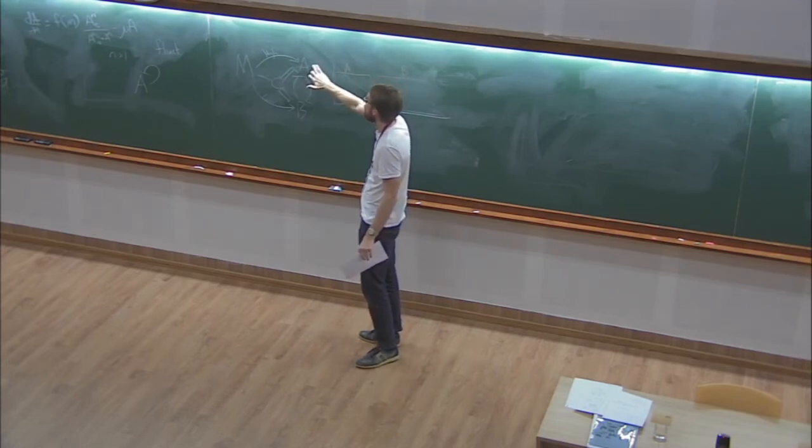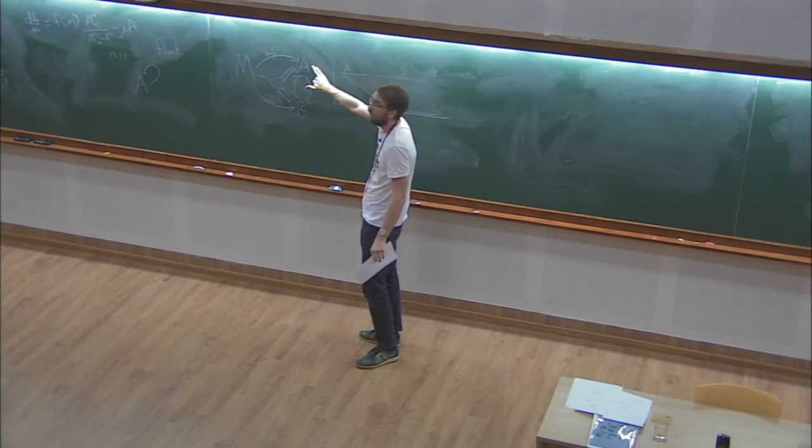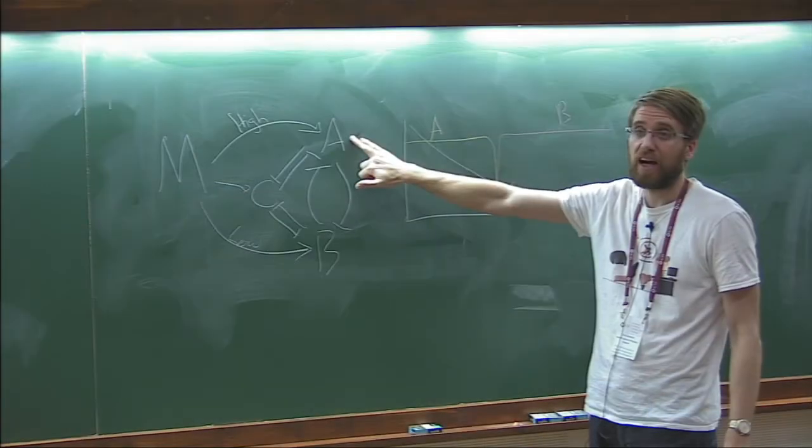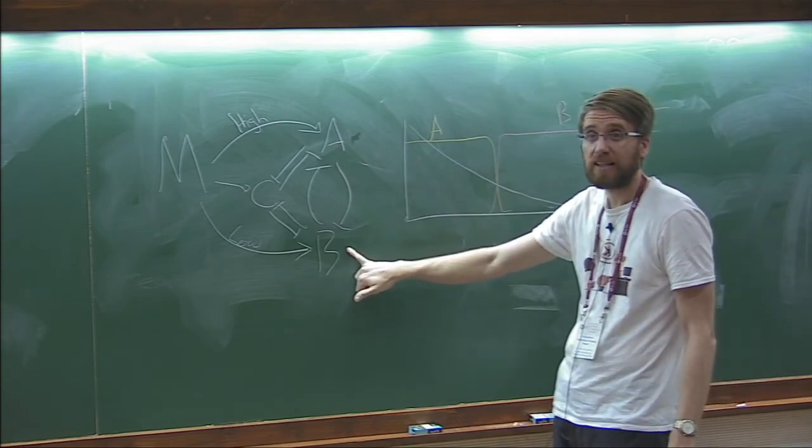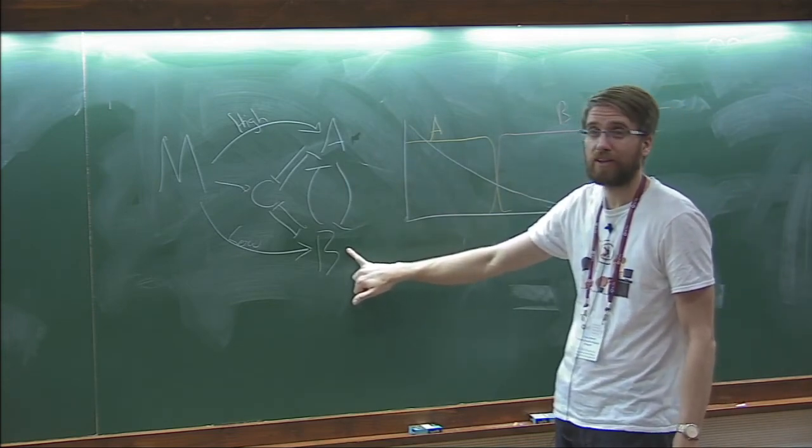Well, the idea would simply be that A is a gene that has very low affinity binding sites for M. And so you only get production when M is very high. B would generally have high affinity binding sites, but it would have a lower production rate.